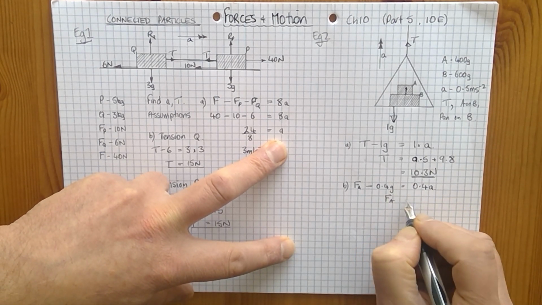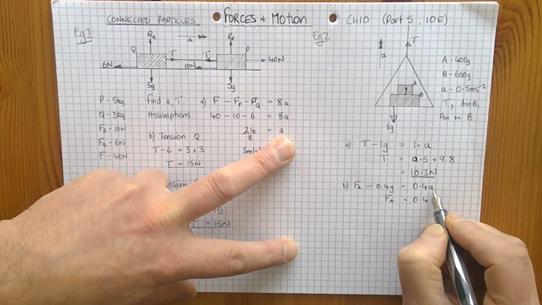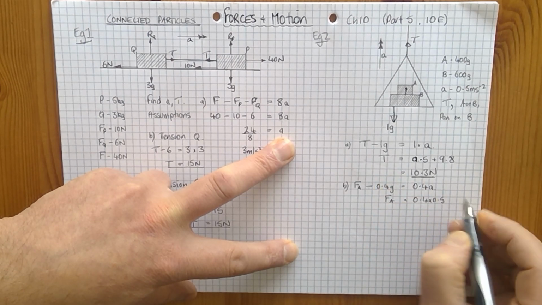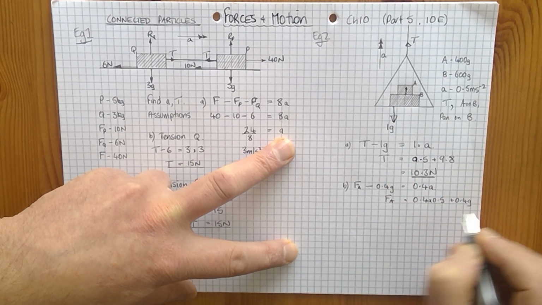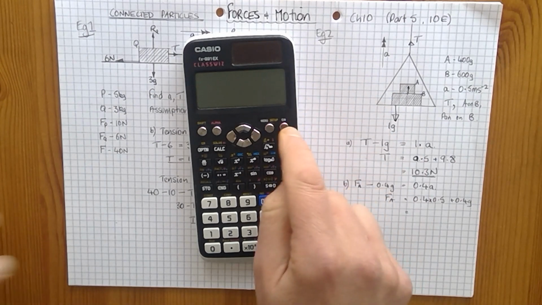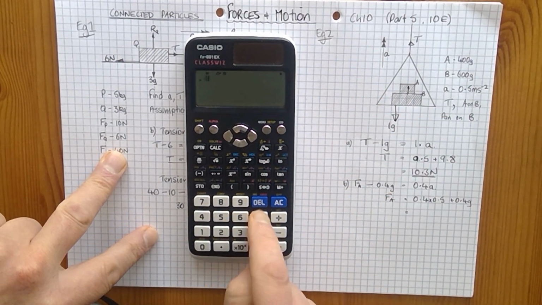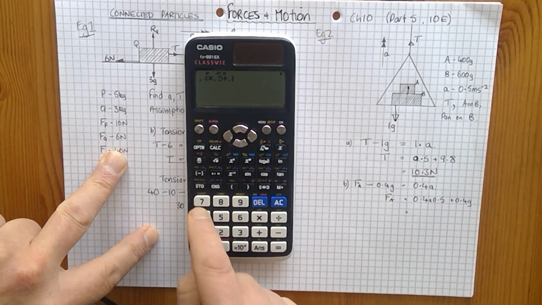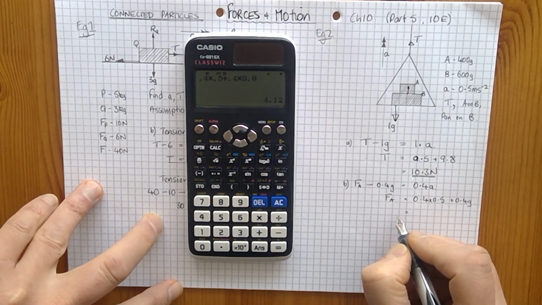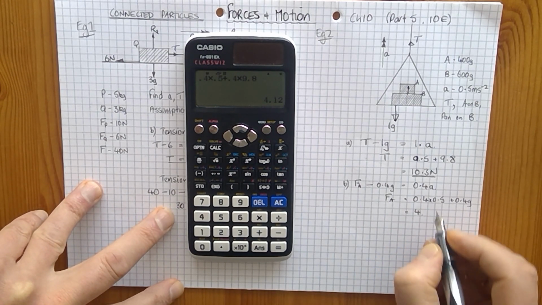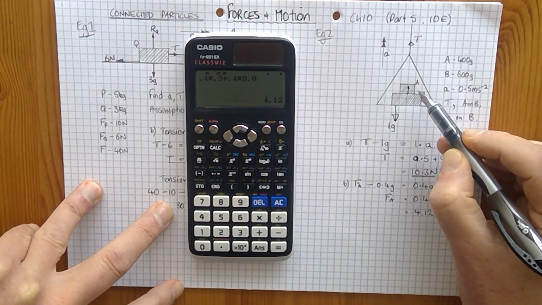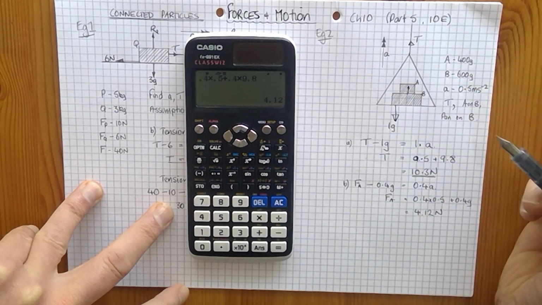So the force on A is 0.4 times acceleration. We know it's accelerating at 0.5, plus the 0.4 G. Press a few buttons on my calculator: 0.4 times 0.5 plus 0.4 times 9.8 is 4.12 newtons. That is the force on A of B and on B of A.